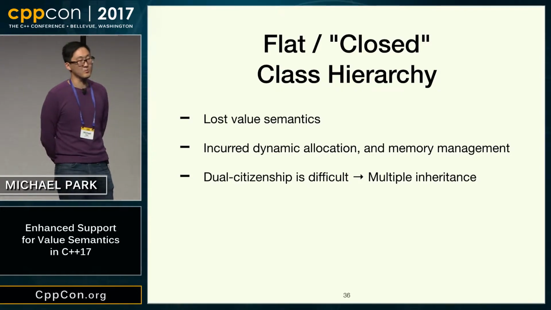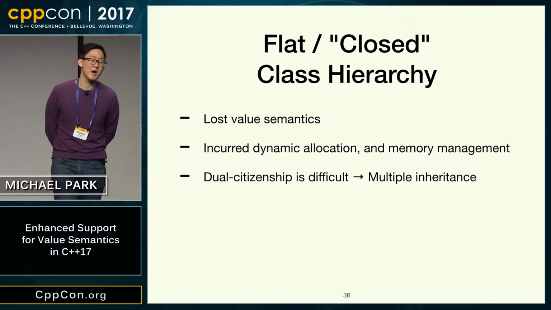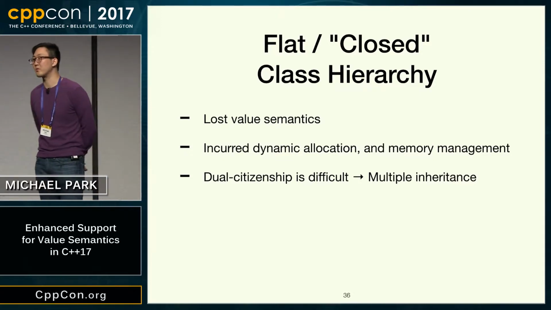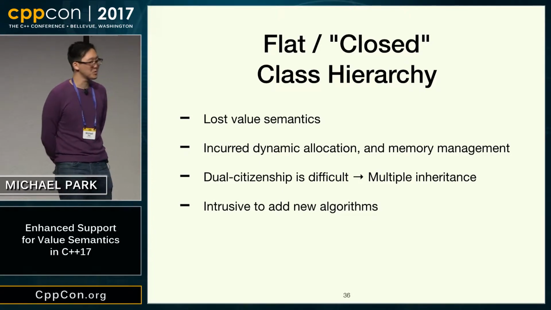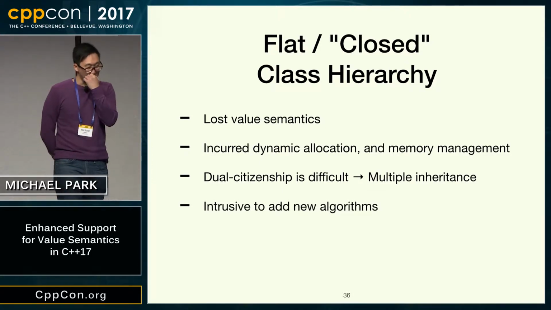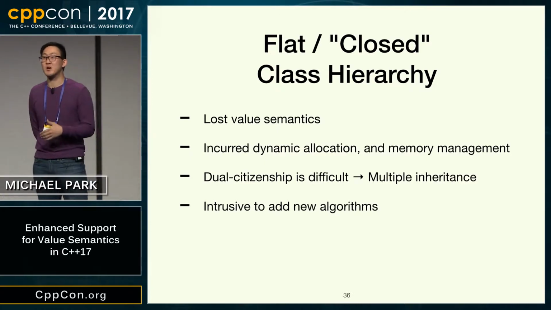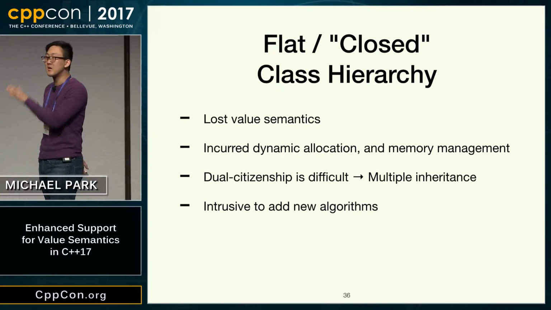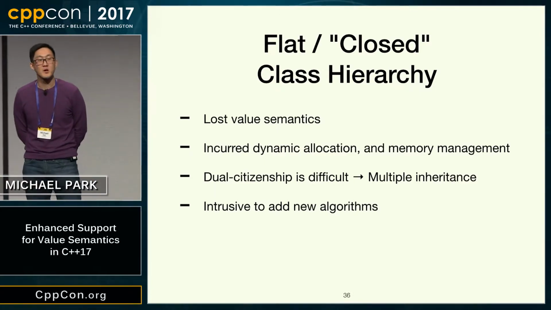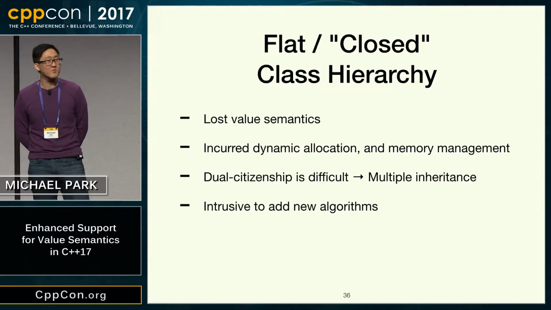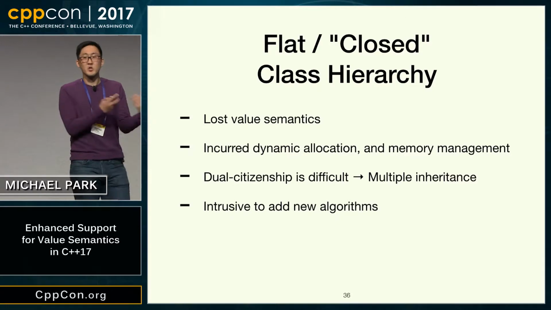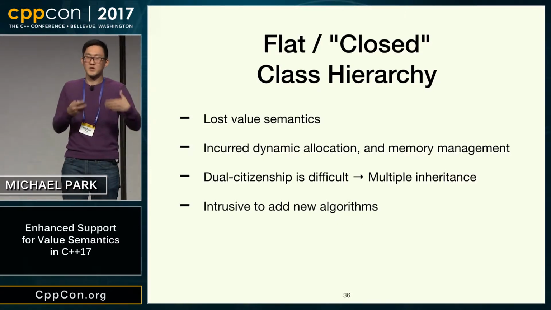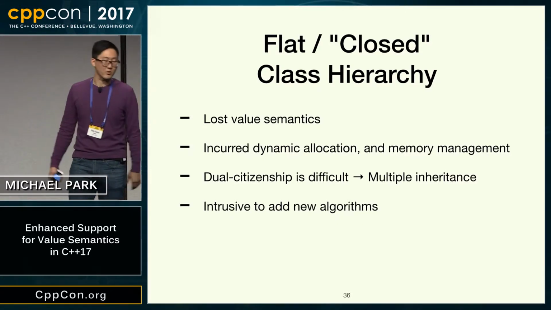And dual citizenship is difficult, and by dual citizenship, I just mean membership in multiple hierarchies. That leads to multiple inheritance, and not a lot of people like multiple inheritance. And it's intrusive to add new algorithms. To add a single algorithm, we have to go to every subclass of animal and add a separate function. When you're trying to reason about the getSound function, you might have to open up 15 separate files and jump across them to see whether getSound is doing the correct thing.